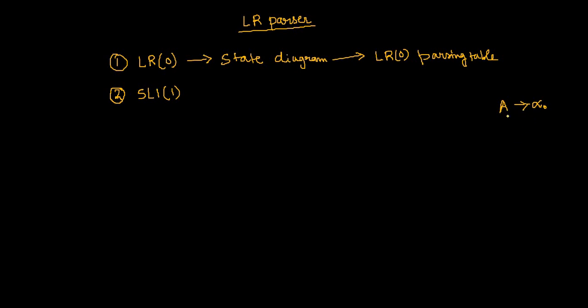That is, if you want to put the production rule A to alpha in a particular row, I will not put it in the entry of each and every column. Rather, I will put it in the columns which are the follow of the left hand side, that is follow of A.